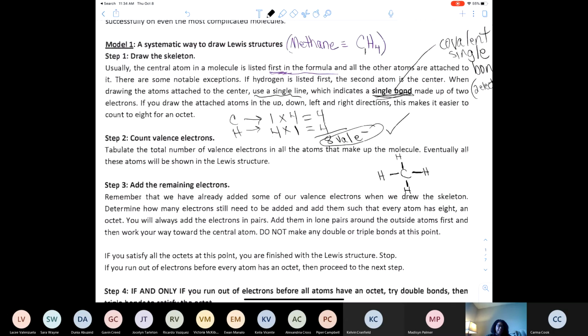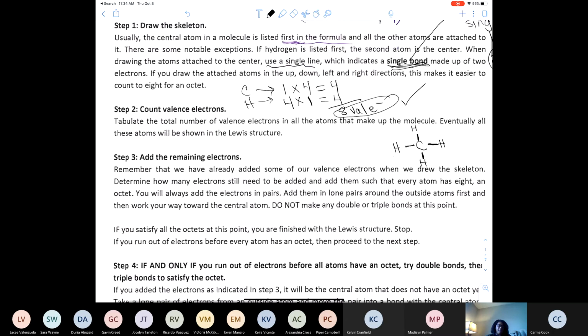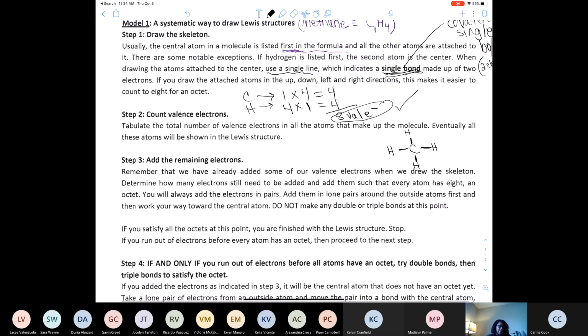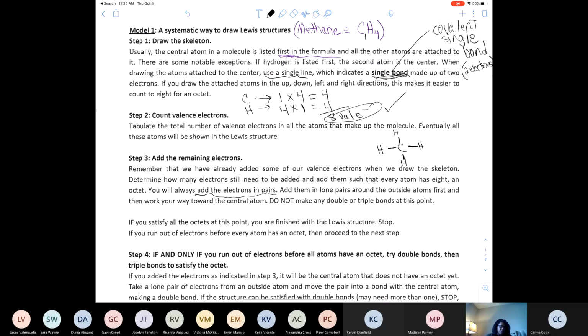But once we get to this step, if we haven't added all the required valence electrons, then we would need to add the additional electrons by putting them in pairs. You'll always add them in pairs, as lone pairs, and you'll put those lone pairs of electrons around the outside atoms.